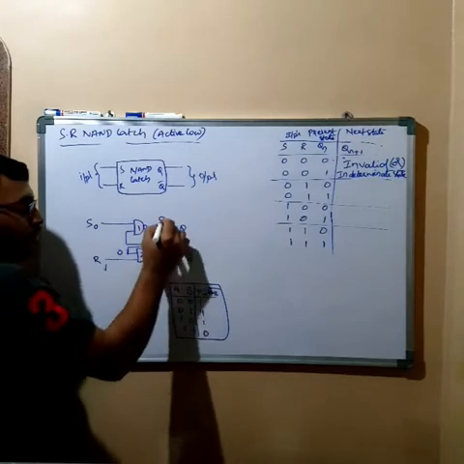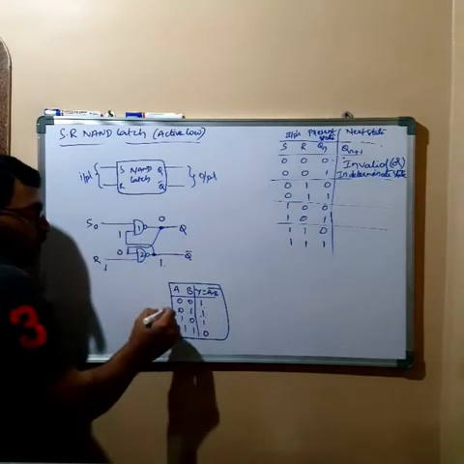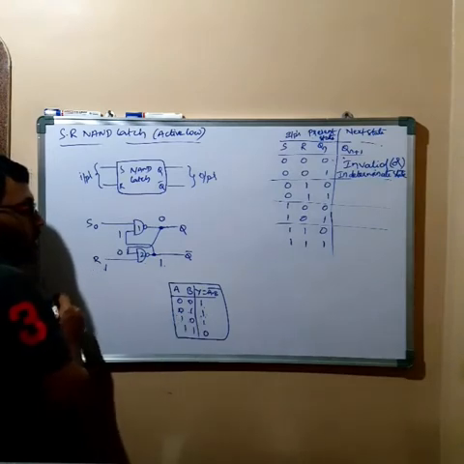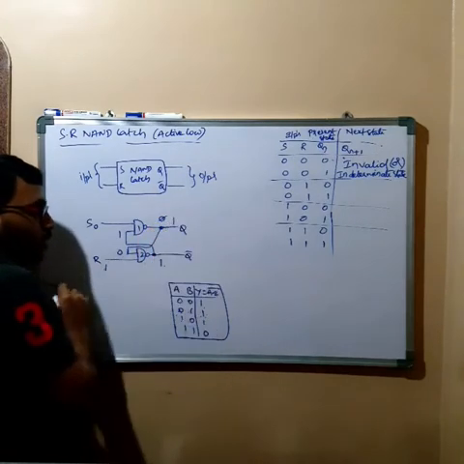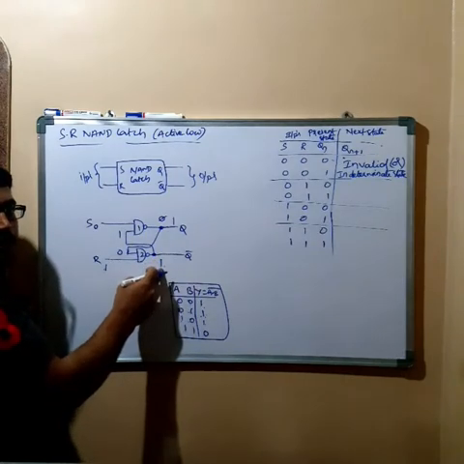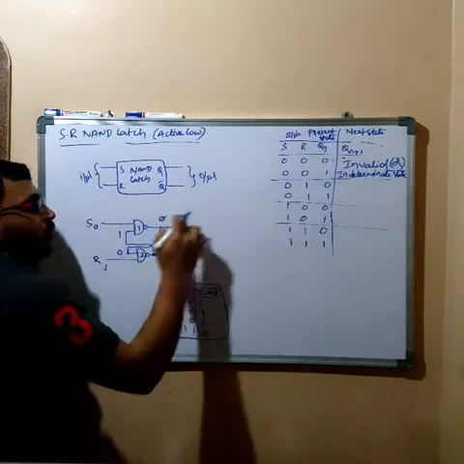This one appears here, 0 1 are the inputs, the output will be 1. True output is 1, complemented output is 1. It is not valid.